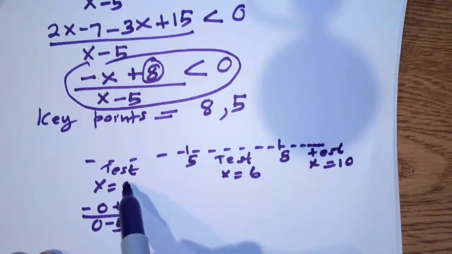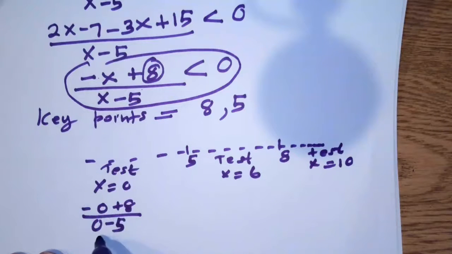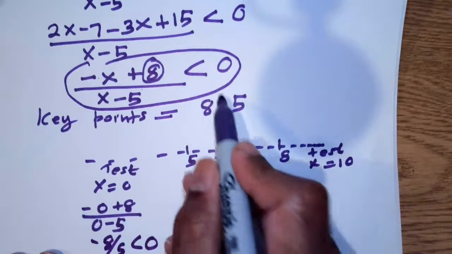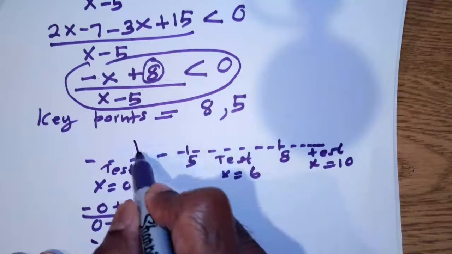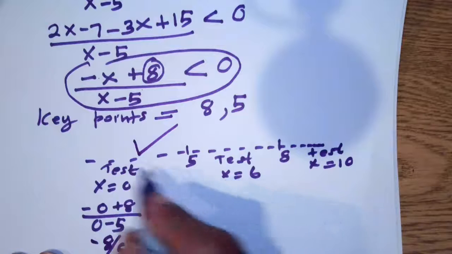So let's put 0, and you get negative 0 plus 8 over 0 minus 5, which will be negative 8 over 5, which is negative. So that's the sign that we want. That's in the correct range. But if you put 6 here, let's see what happens.